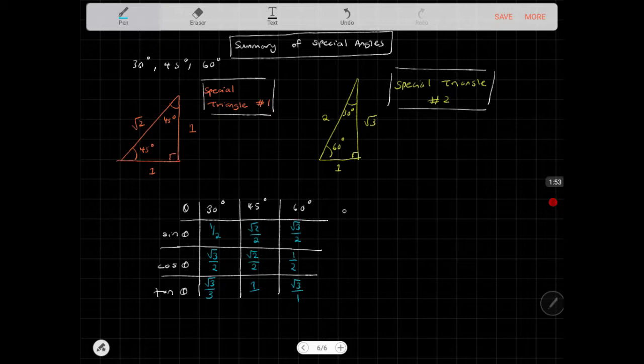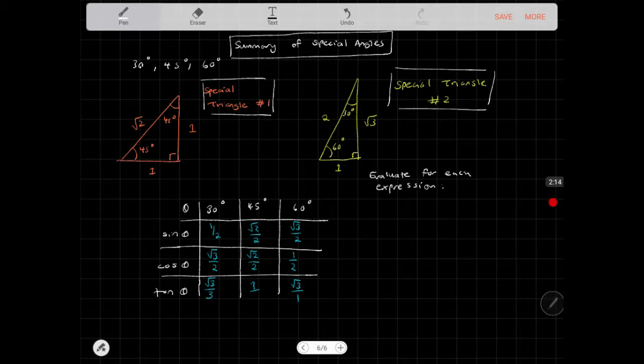You have to memorize these values because they're going to become really important as we progress. Let's say I gave you a question: evaluate each expression, and this is where you wouldn't be using a calculator.